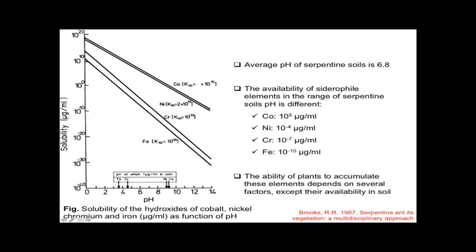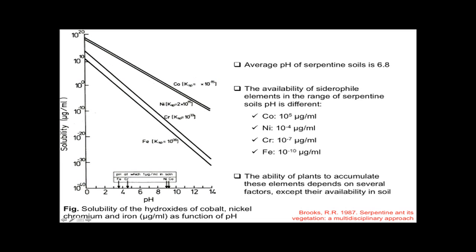Firstly, I must note that the average pH of serpentine soil is about 6.8, and the availability of the siderophile elements in this pH range differs. Cobalt is the most soluble heavy metal in the soil at this pH, followed by nickel, then chromium, and then iron.